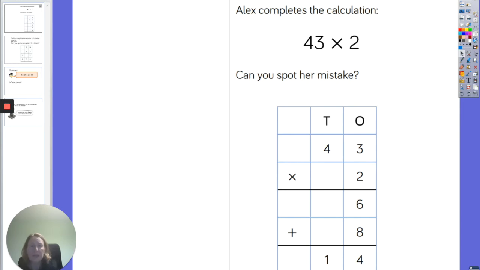And then he has said 4 times 2 is 8. Now, what hopefully you spotted is that actually it's not 4 times 2 that he should be calculating. It is 4 tens times 2. So what you should be saying to yourself is, what is 4 tens times 2?